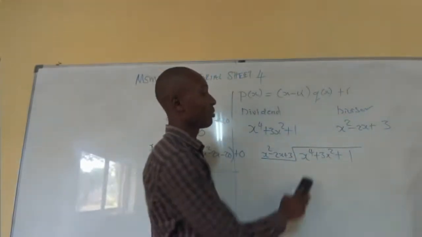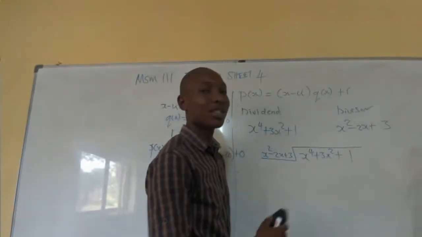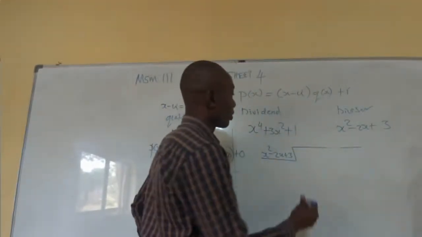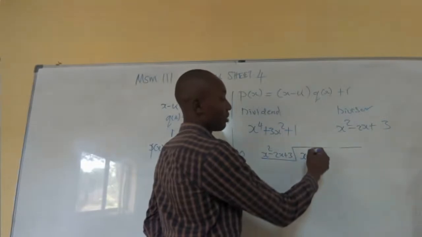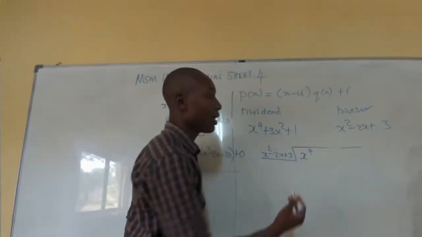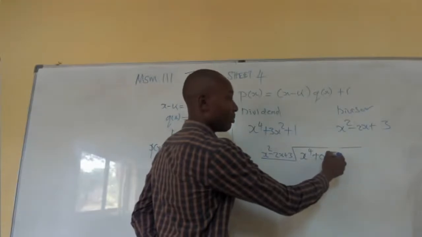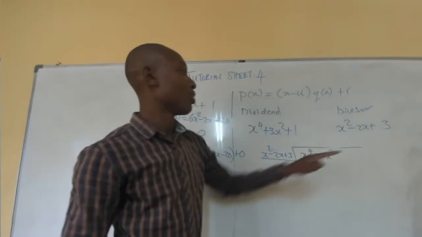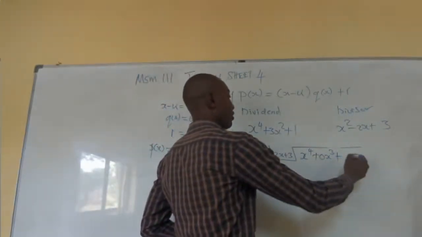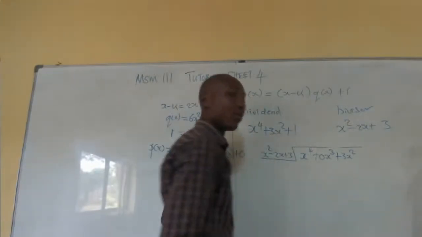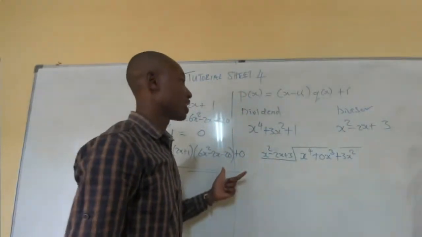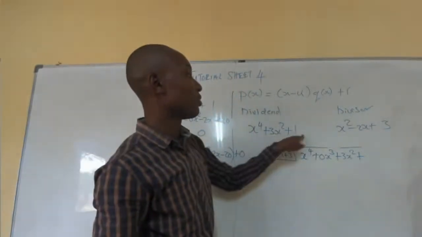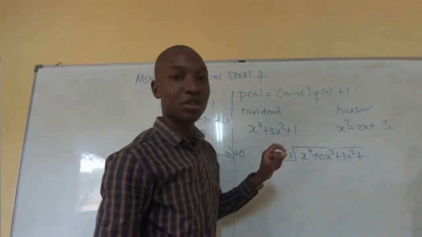So I'm going to write the ones that are missing. We rewrite this as x to the power 4. Then the next powered variable, we can't see it, but it's there, so I'm going to say 0x to the power 3. Then you expect 3x squared. From x squared, the next variable is the one which is missing. We've gone from x squared to 1, but what is supposed to be there?